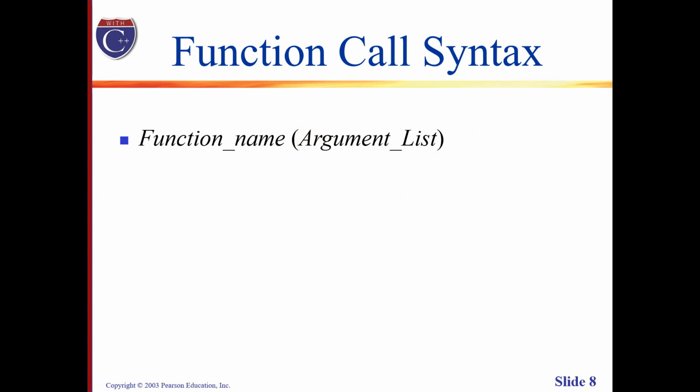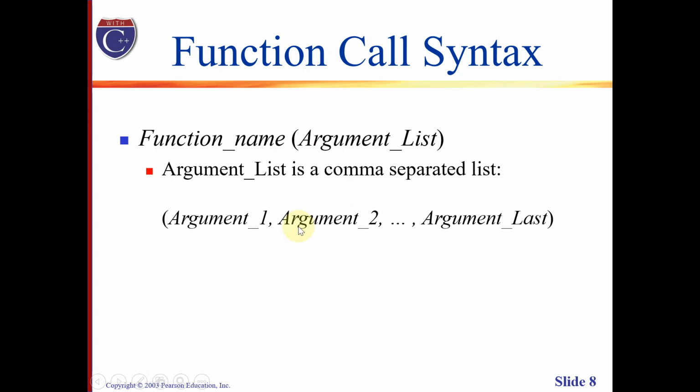In this case, a function can have one or more arguments, which are indicated in the argument list. In the case where the arguments of a function are more than one, we can simply separate them using commas. In this case, the argument list is separated by commas.